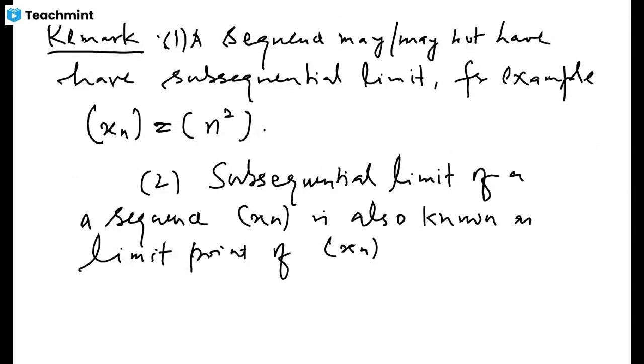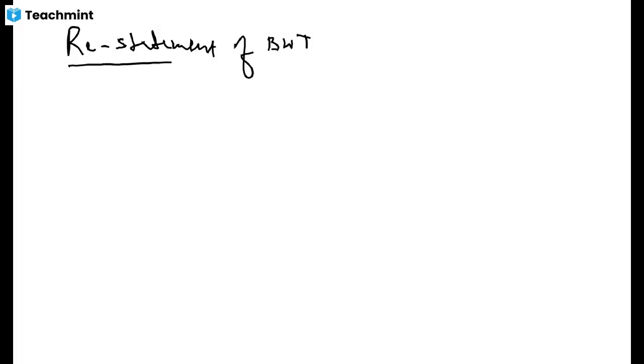So now with this new terminology, the Bolzano-Weierstrass theorem can be restated. The restatement of the Bolzano-Weierstrass theorem: I had stated that a bounded sequence has a convergent subsequence, and now the limit of a convergent subsequence is called a limit point of the sequence.